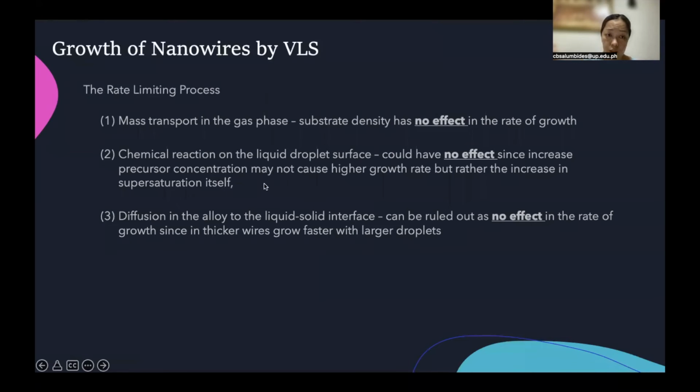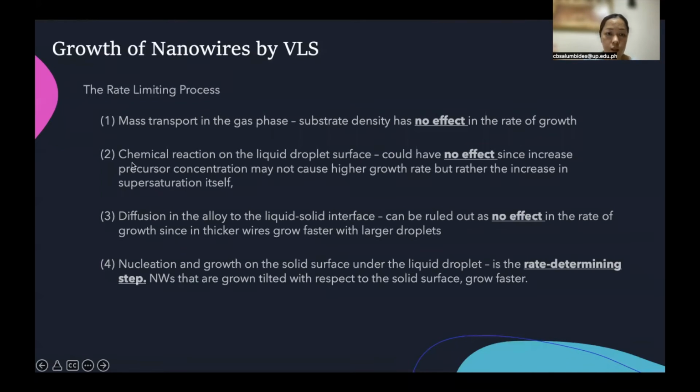And then the fourth process, wherein nucleation and growth on the solid surface under the liquid droplet. So this was considered as the rate determining step, since nanowires that are grown tilted with respect to the solid surface grow faster.